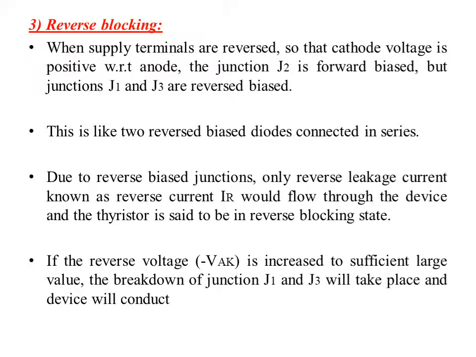If junctions J1 and J3 break down, junctions J1, J2 and J3 will be forward biased and a large current will start flowing from anode to cathode.